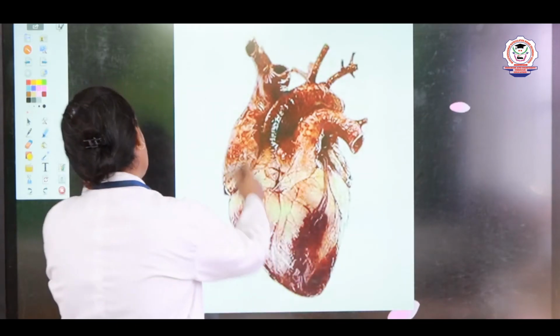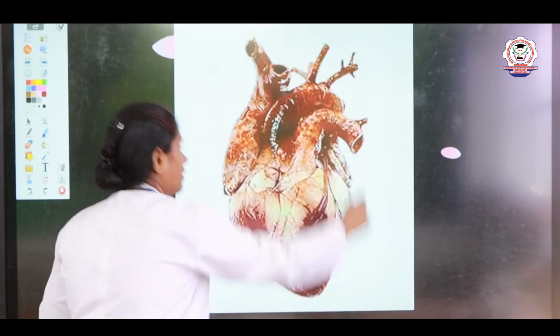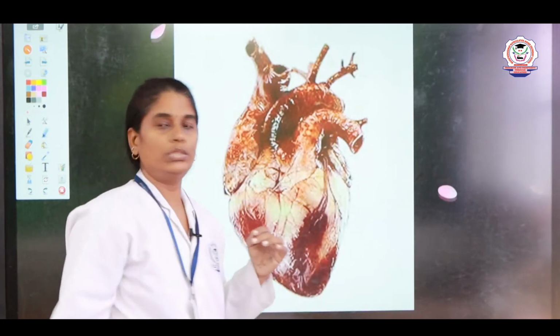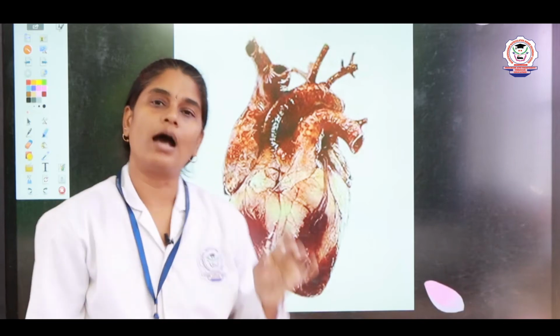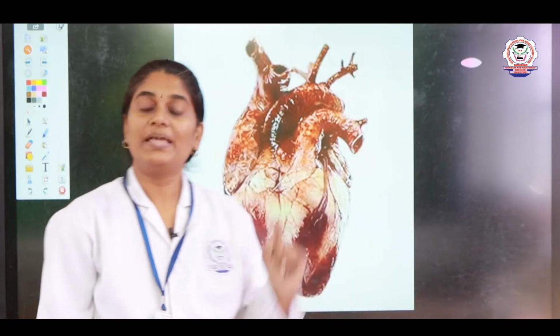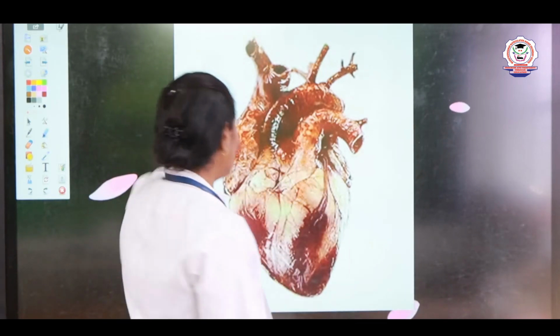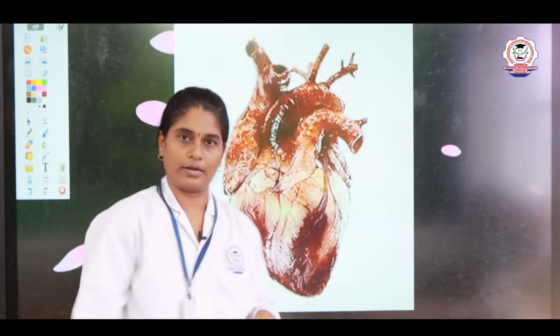The heart is covered with a covering known as the pericardium. Okay, so the pericardium is the outer covering of the heart, and inside it is the endocardium, right?